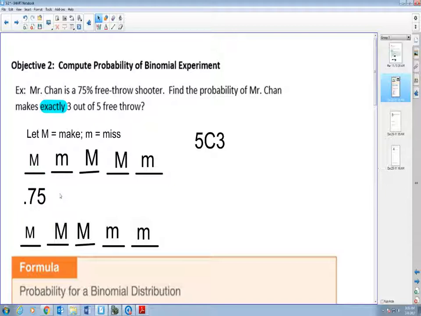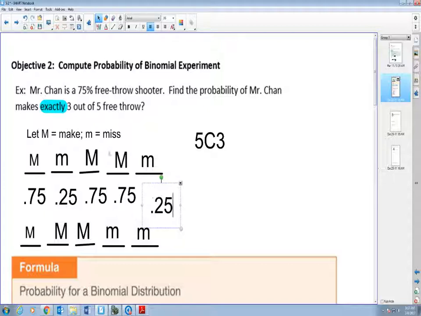If I miss, there's a 0.25 chance I will miss a shot. So a 75% free throw shooter means I have a 75% chance of making the shot and a 25% chance of not making it. One trial followed by the other, we will multiply.